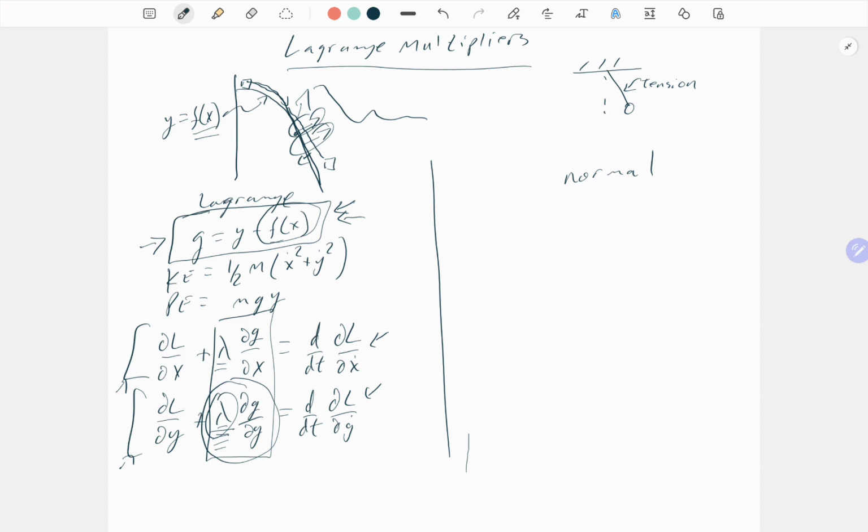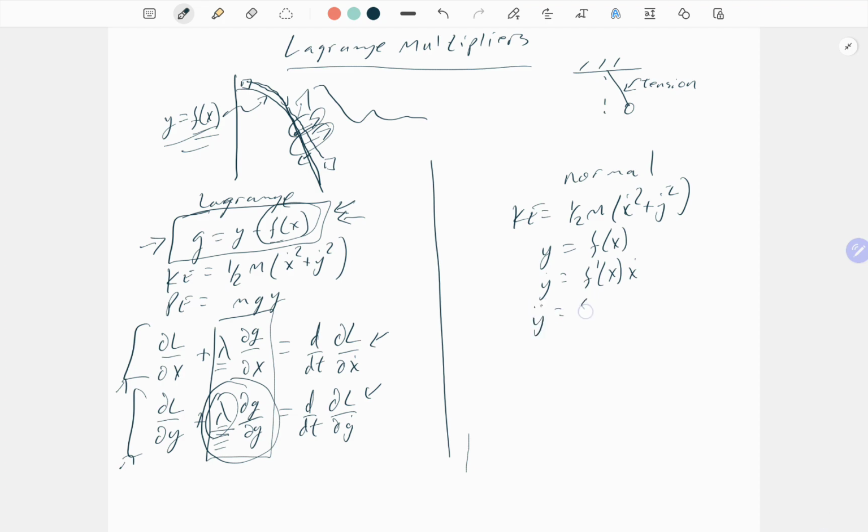Well, normally what I would do is I would say, okay, the kinetic energy is definitely the same. Kinetic energy is 1/2 m (x dot squared plus y dot squared), but I would immediately figure out what y dot is using this. So what I would say is that y is f of x, and so y dot is f prime of x times x dot, and then y double dot is two things.